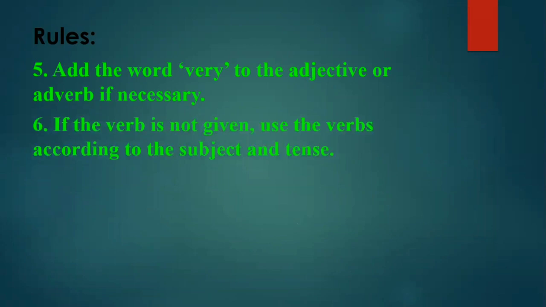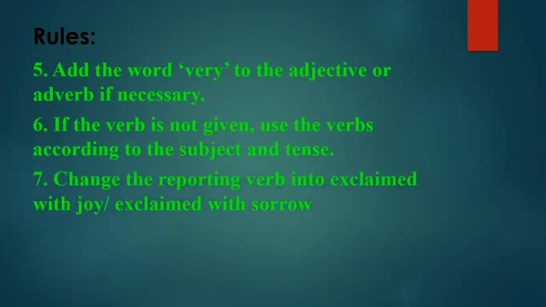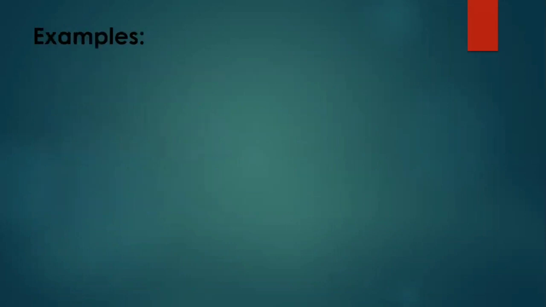Then number 6, if the verb is not given, use the verbs according to the subject and tense. Okay, dear learners. Now change the reporting verb into exclaimed with joy or exclaimed with sorrow. Okay, dear learners. Now here examples. He said, how nice the place is.